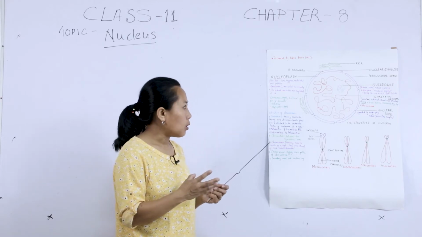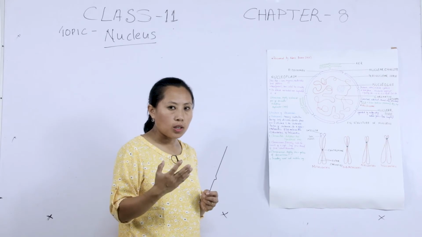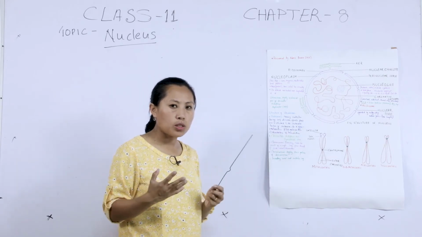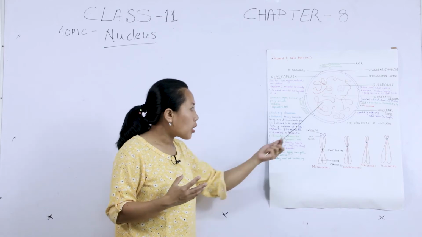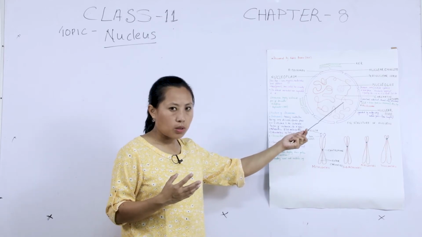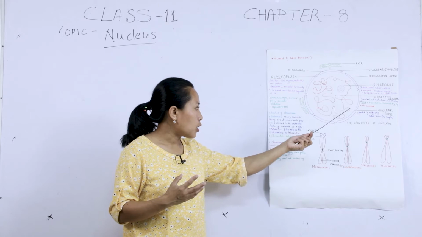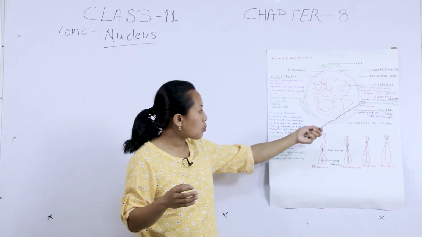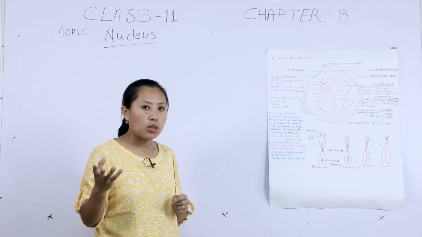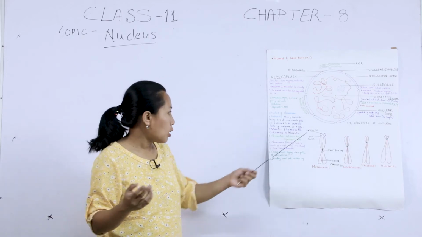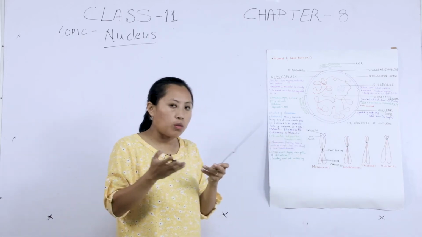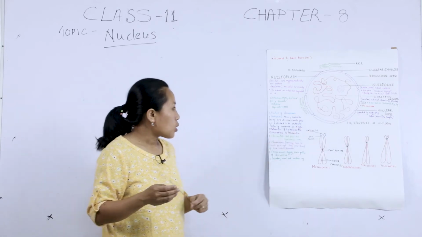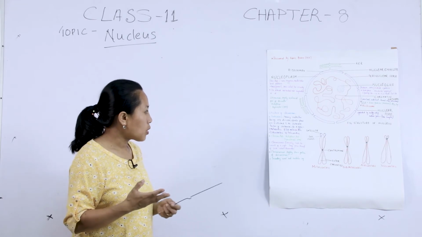For example, as you go higher, you will learn that during the process of protein synthesis, the mRNA is synthesized in the nucleus, and then it's transferred to the cytoplasm, where the message is converted into proteins. The way that it moves out of the nucleus is through this nuclear pore. Okay, so one function is the exchange of materials.